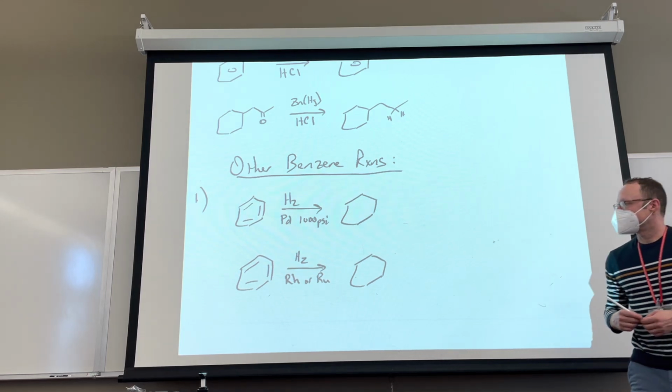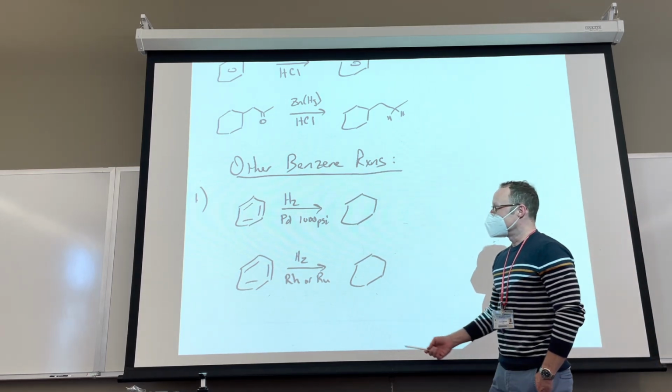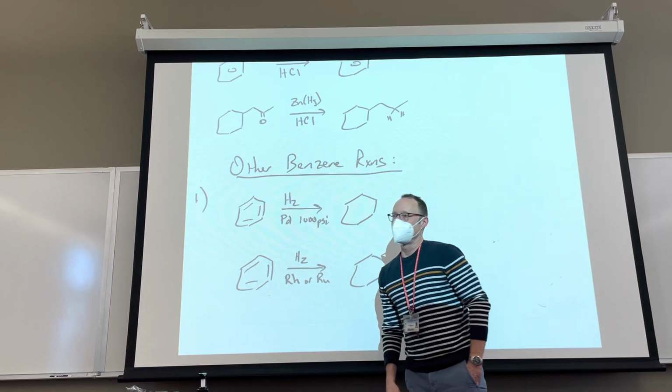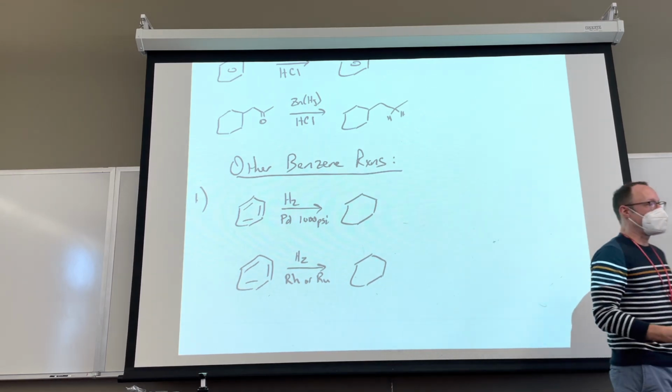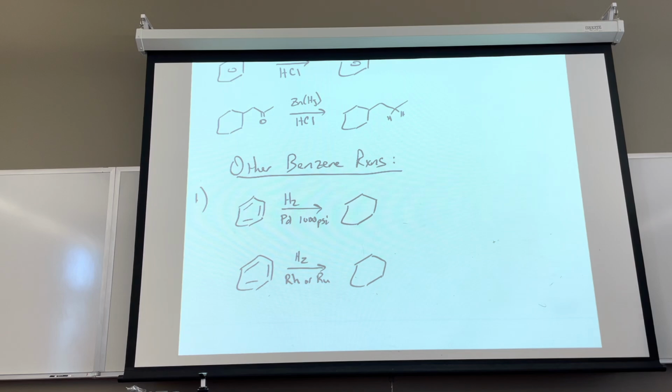Over the summer, I haven't looked at it lately, but over the summer, rhodium was trading for over $27,000 an ounce. So, you can, in theory, use these exotic transition metals to affect your catalysis.